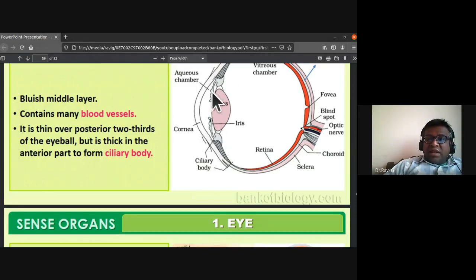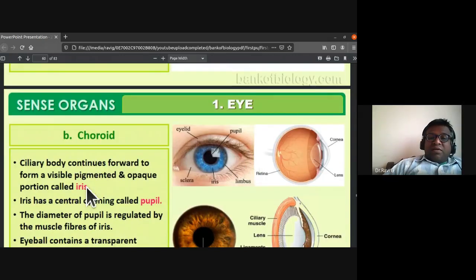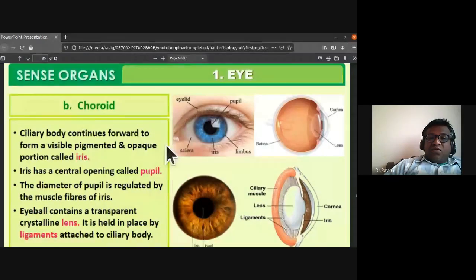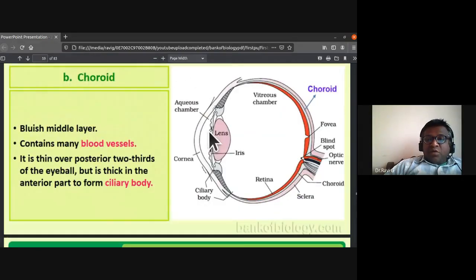This is the continuity of the ciliary body, and it is opaque, that is, it does not allow light to pass through it. The iris has a central opening called the pupil.